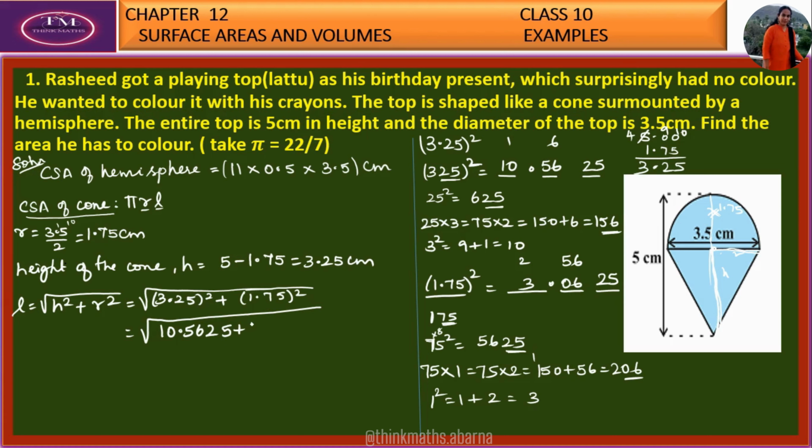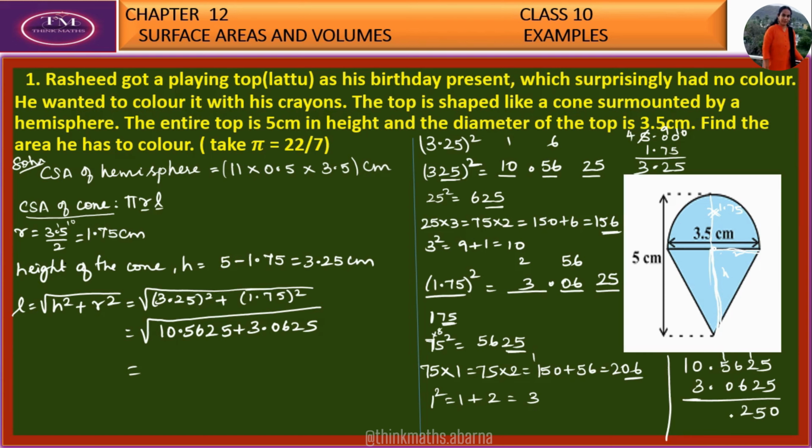It is 3.0625. Now let us add both of these: 10.5625 and 3.0625. 5 plus 5 makes 10. Balance 1. 1 plus 2, 3. 3 plus 2, 5. 6 plus 6, it is 12.